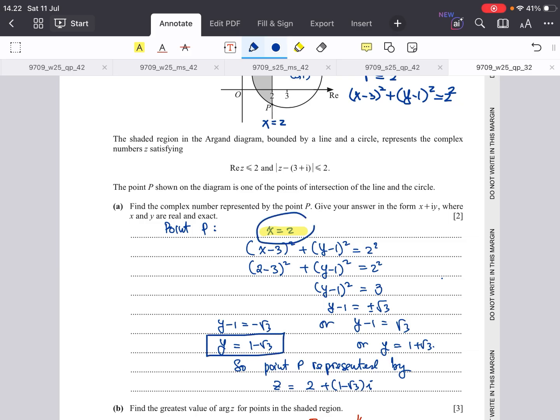And don't forget x is 2. So the complex number represented by the point P, x is the real part, so 2, plus y is the imaginary part, so plus 1 minus square root of 3 i. So this is the complex number representing point P.